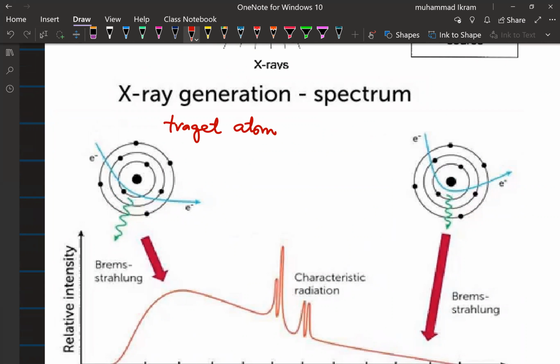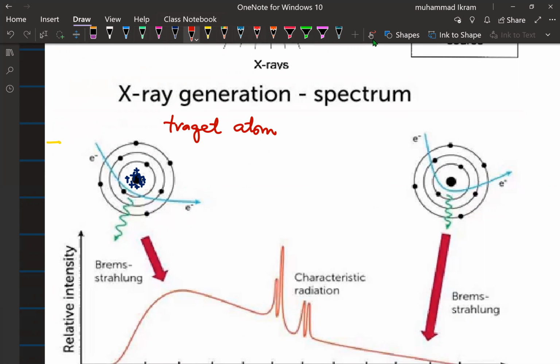If a fast beam of electrons comes and makes its way towards the nucleus, since the nucleus has a high charge, the electric field is very, very strong. Here I choose an electron.